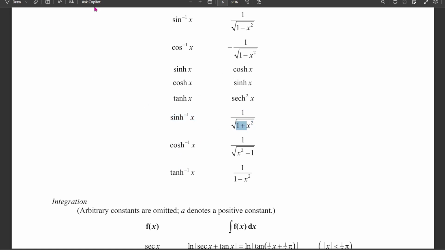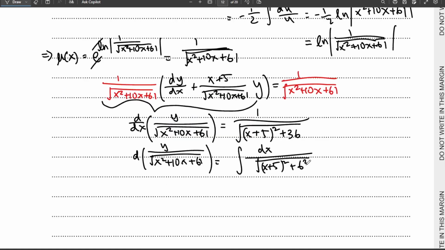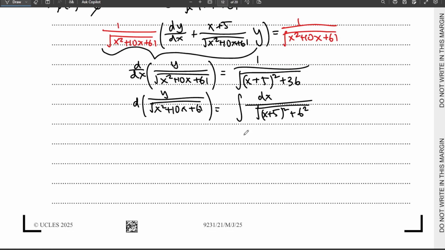So I want to make it plus 1 instead of plus 6 squared. So I will divide the entire inside of the square root by 6 squared. Which means I can take the 6 squared out because it's just a multiple, and I will get this expression plus 1.